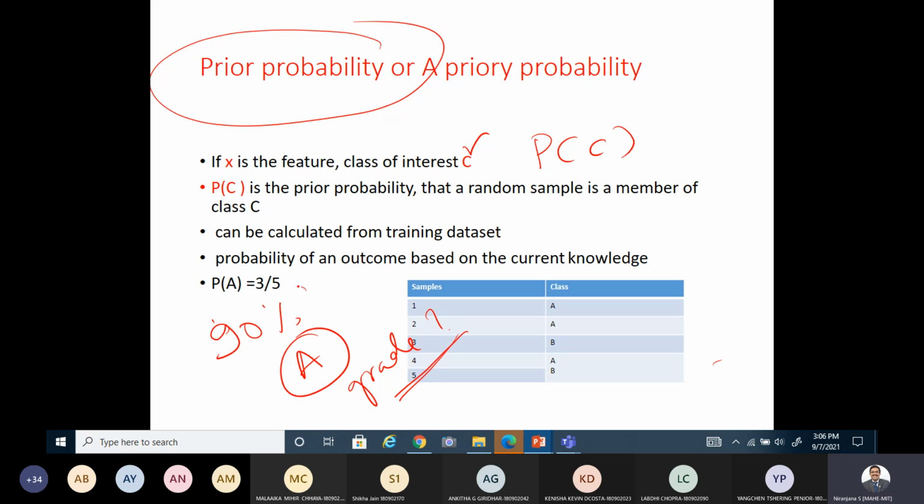If you pick any student at random from any class, you can define a rule saying that he belongs to A grade, so that the error will be only 10%. Even though it is a very random rule, it can give you 90% accuracy.